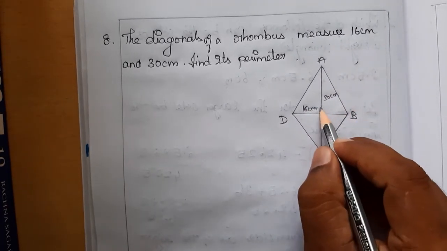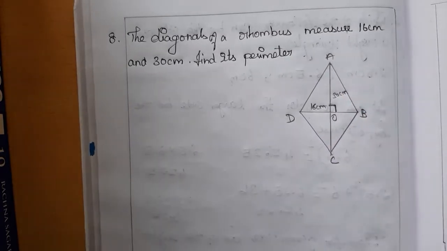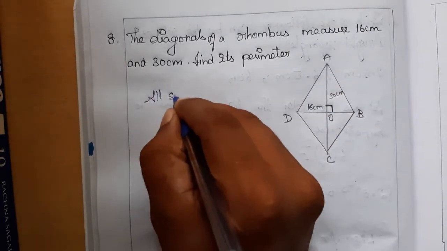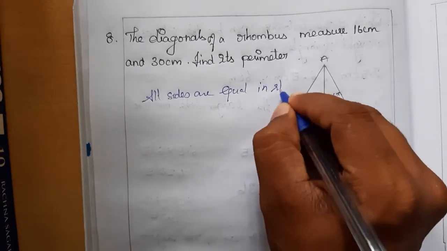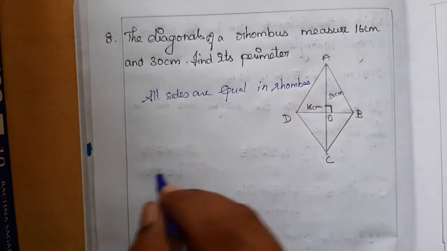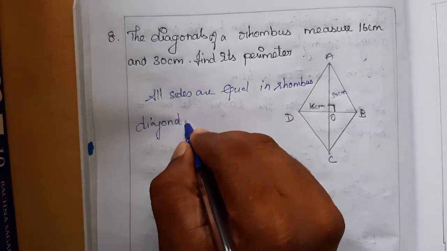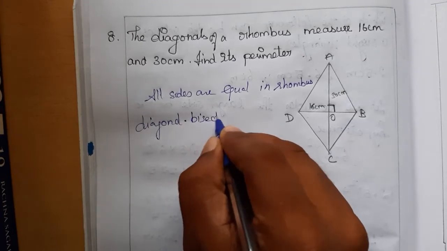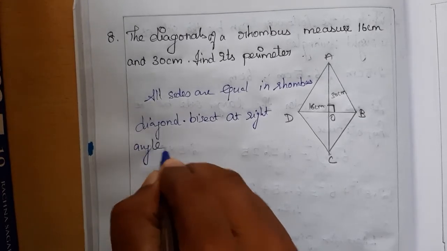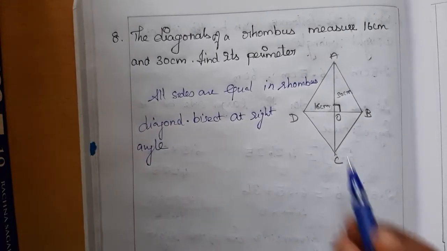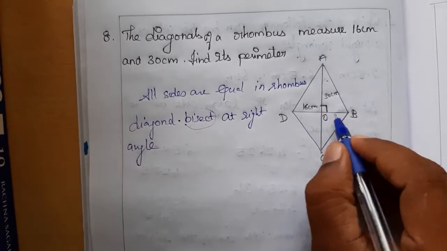And we know that all the sides are equal in a rhombus, and also the diagonals bisect at right angle, right? Bisect means it cuts into two equal parts and also at right angle.